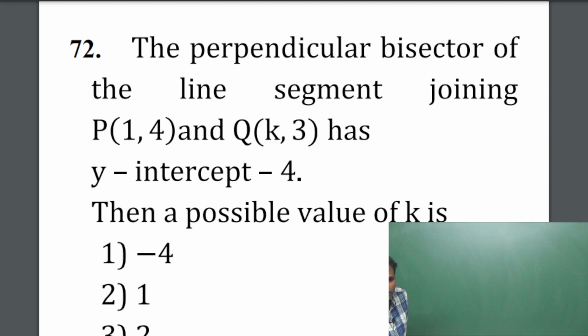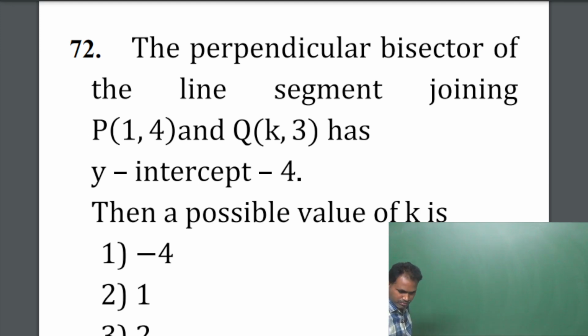The perpendicular bisector of the line segment joining P(1, 4) and Q(k, 3) has y-intercept -4. Then a possible value of k is.